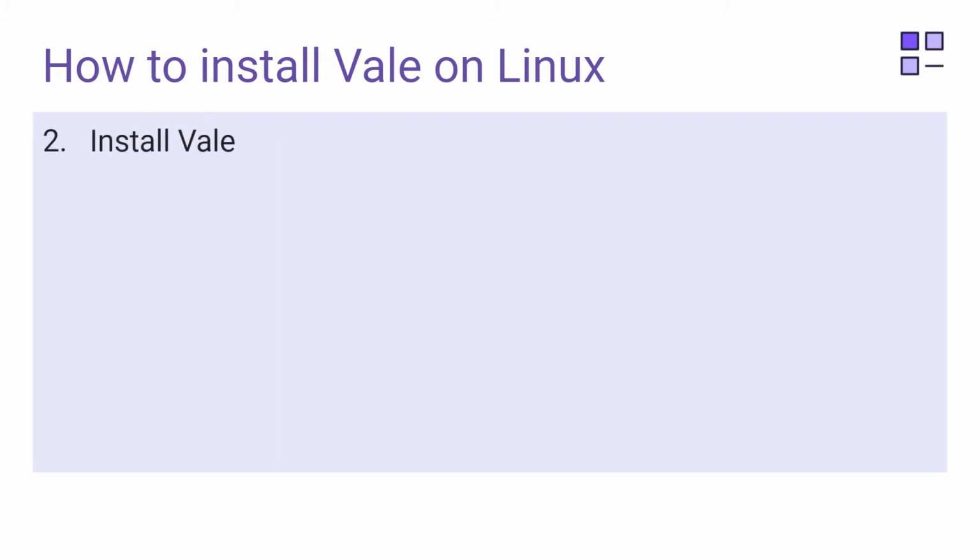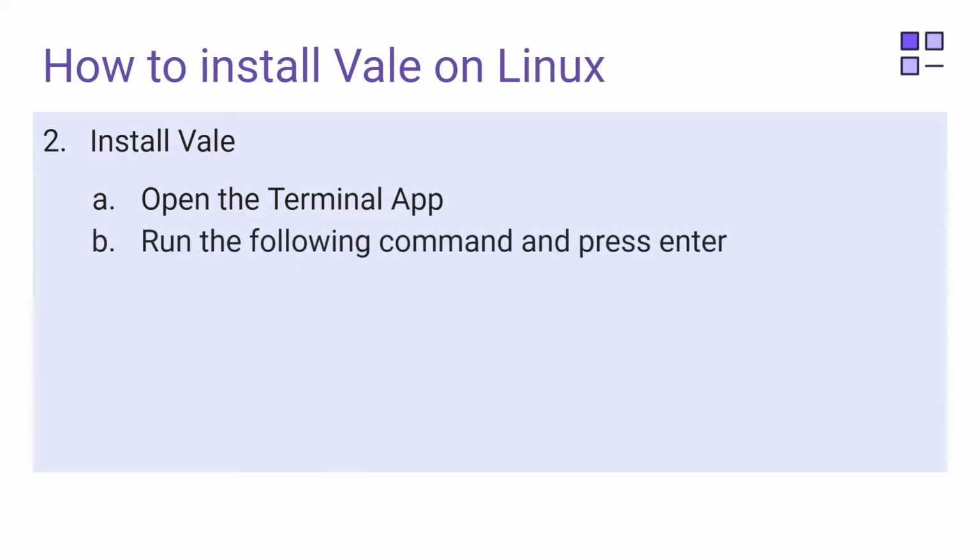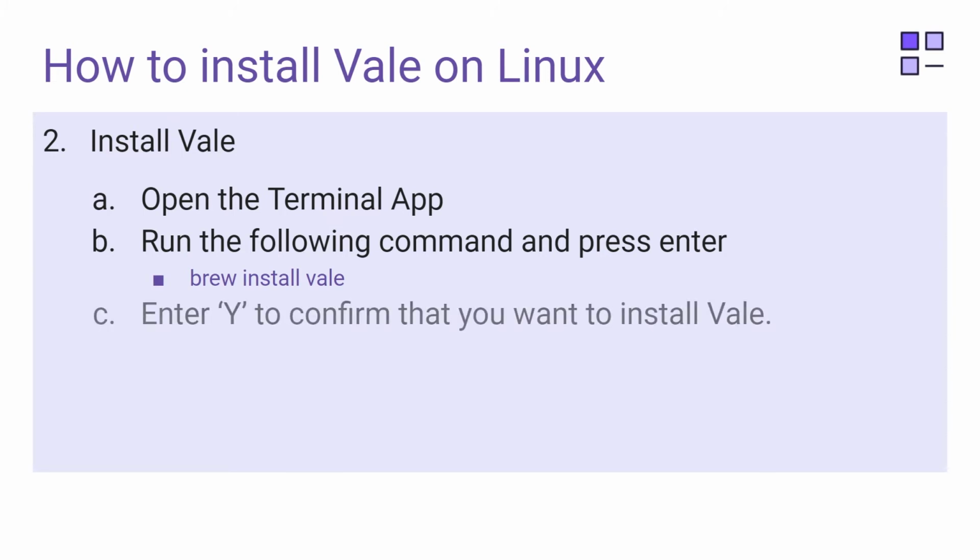After you have Linuxbrew installed, it's time to install Vale. So make sure your terminal application is open and run the following command: brew install vale. Press enter. You will be asked to confirm if you want to run the installation script. Enter Y and press enter.